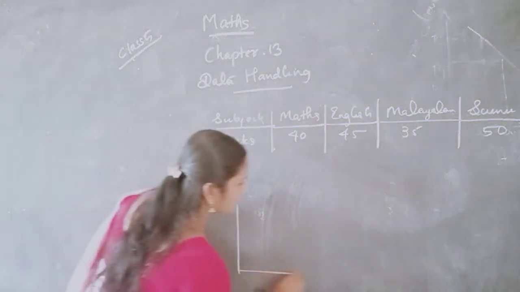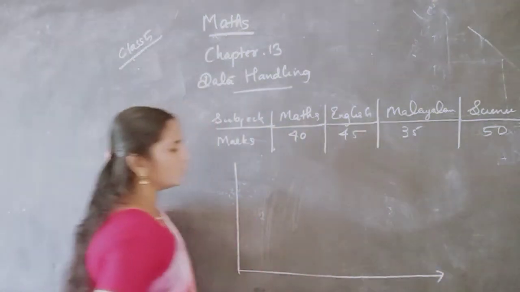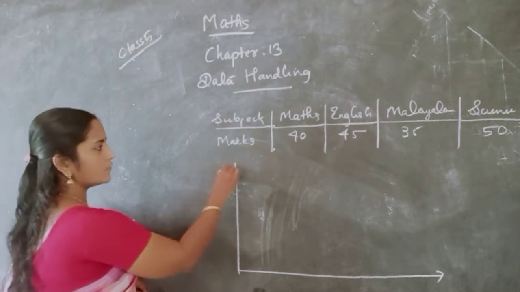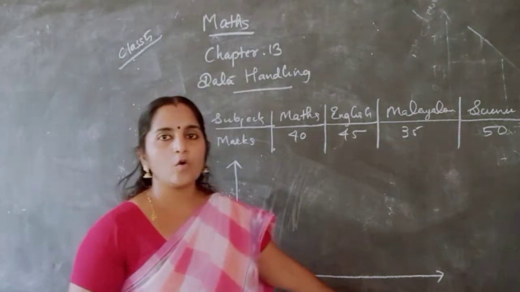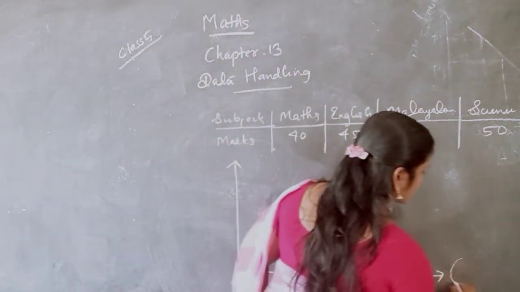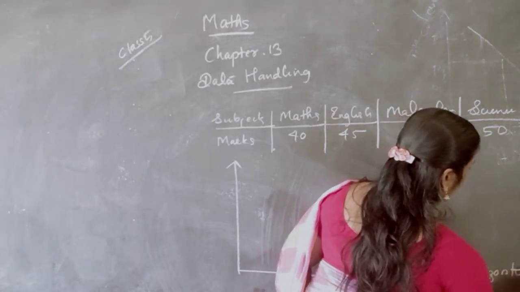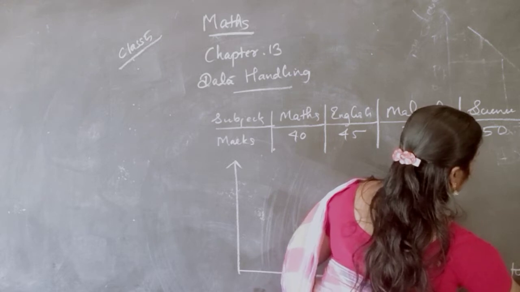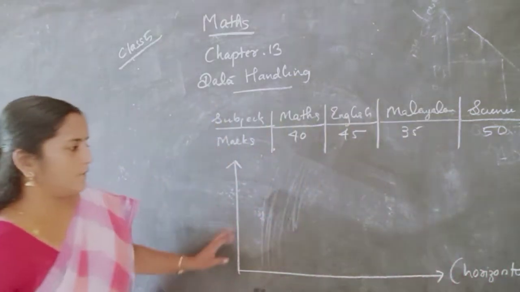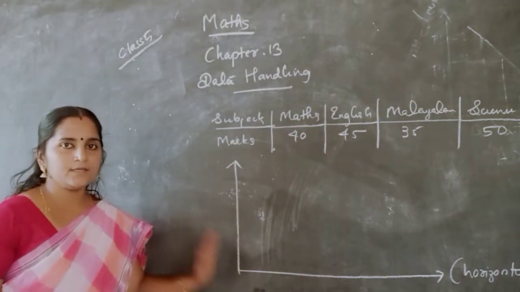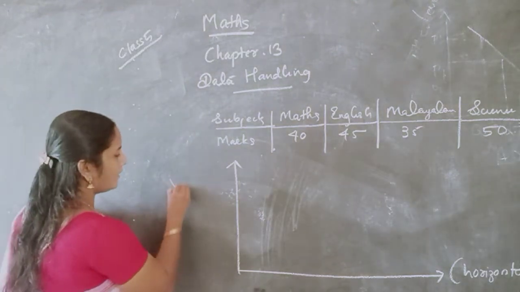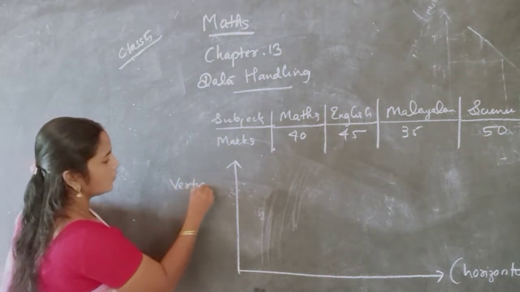like this, we have two axes. This one is called our horizontal axis, and this is called the vertical axis.